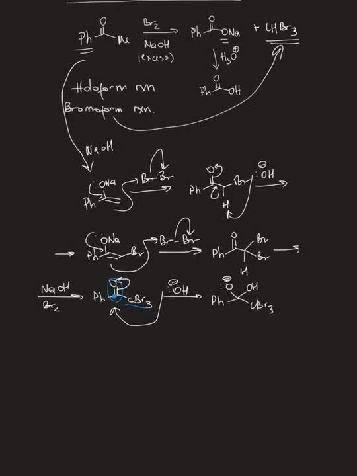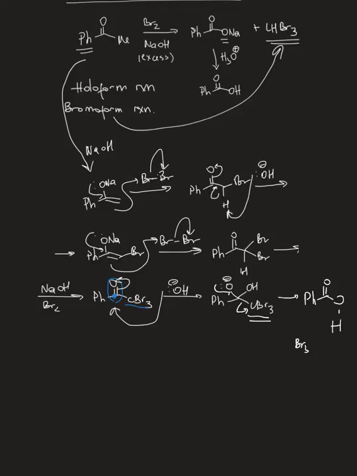And now the CBr3 here is a good leaving group, so it can basically leave to give us that.